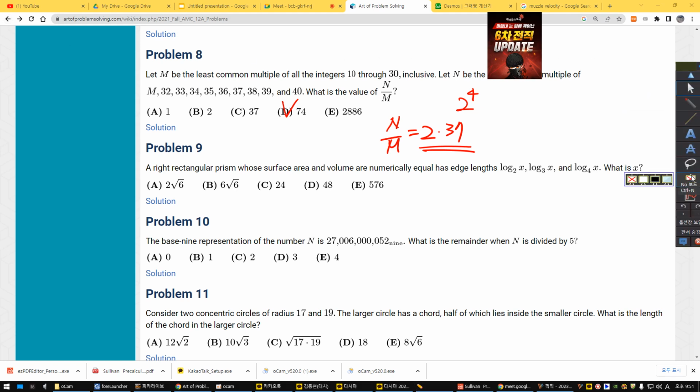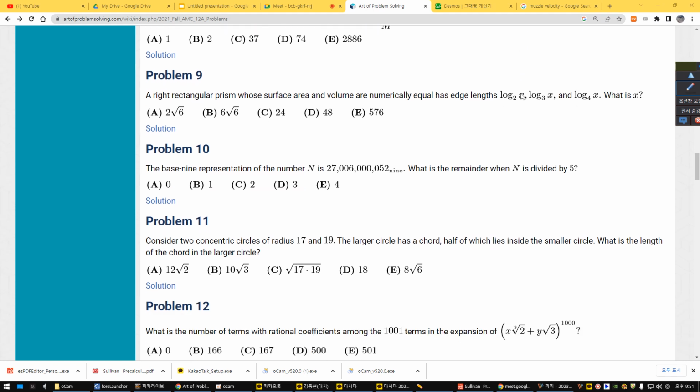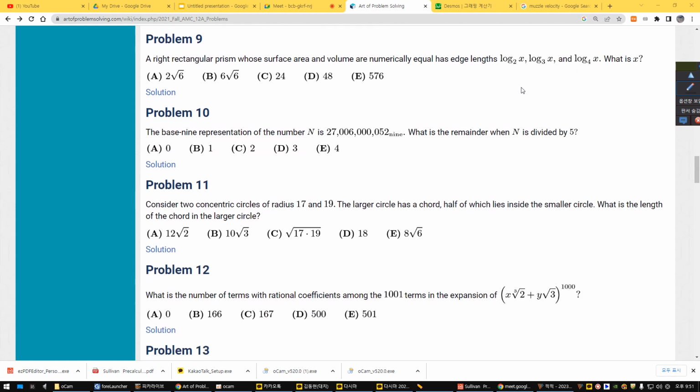Now where is money? Oh, yeah. Number 9. And now let's copy.